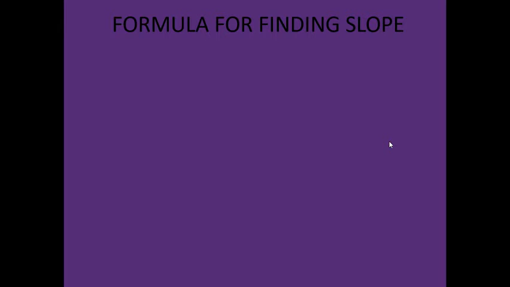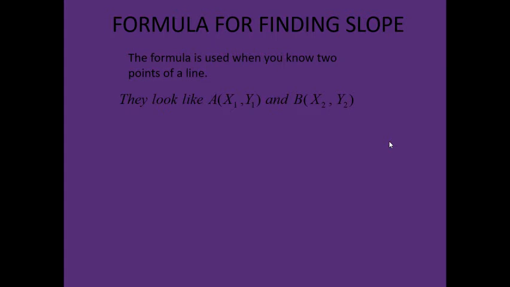Okay. The formula for finding slope, when you know 2 points of a line, so you have 2 points, x1, y1, and x2, y2. So remember, it's again rise over run. You must take your y coordinates, subtract them from each other, and divide by the x coordinates subtracted from each other.